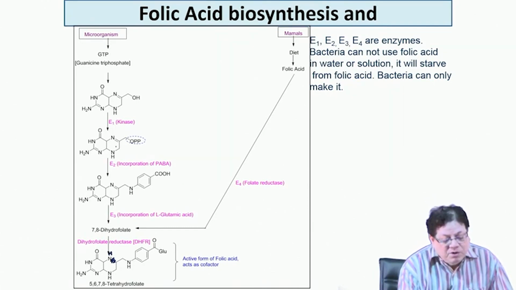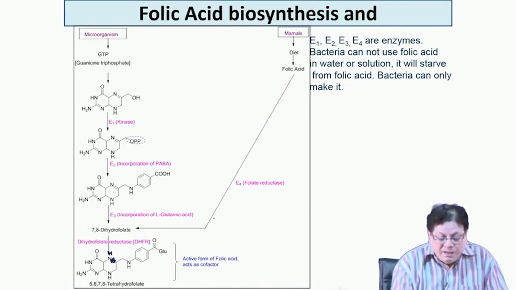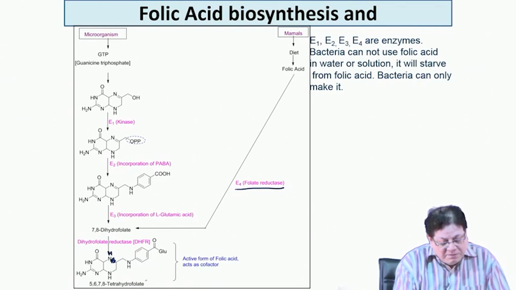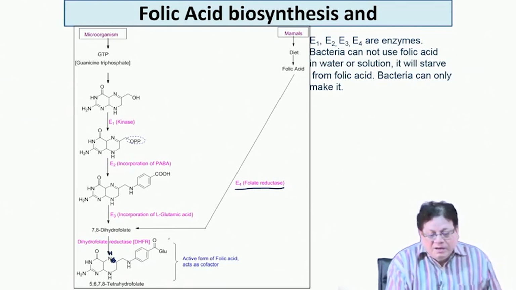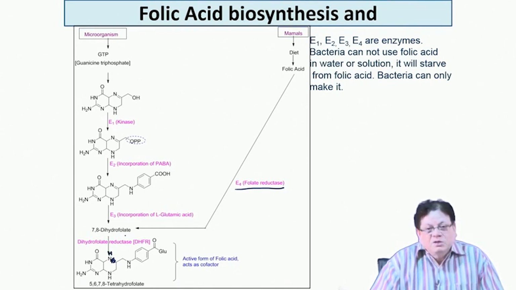Remember, folic acid has a fully unsaturated pyridine nucleus, and this folic acid has to be reduced to 7,8-dihydrofolate by an enzyme called folate reductase, followed by a similar enzyme, dihydrofolate reductase, to go to the 5,6,7,8-tetrahydrofolate. Now, the dihydrofolate reductase isolated from bacteria, from parasite, or from human performs the same kind of reactions, but their structures are slightly different.